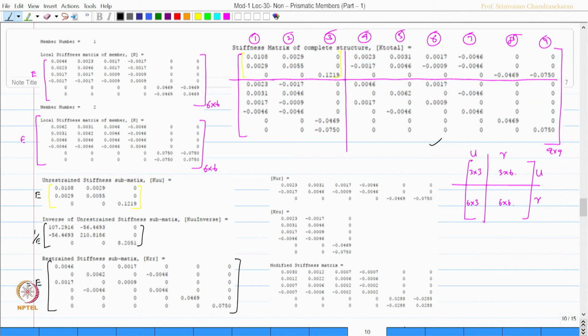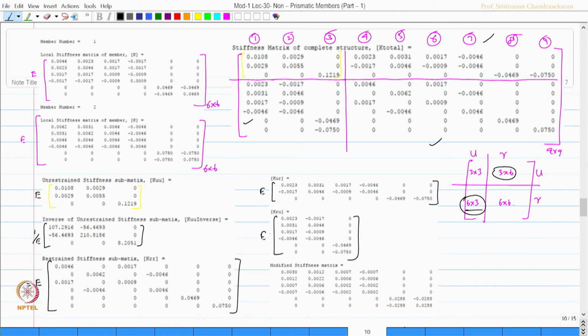We also found out KUR, which will be this matrix, which will be here, with an E multiplier, and we also found KRU, rth row and uth column, this one, which is here.